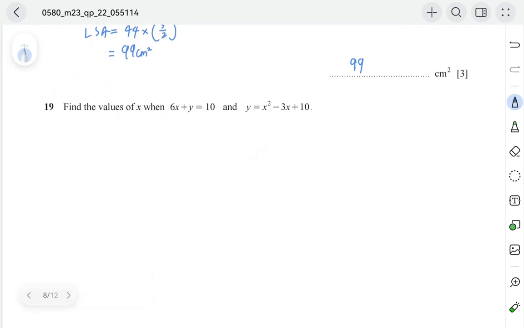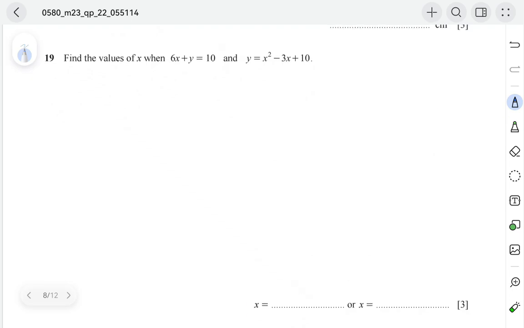Now let's move on to question 19. Question 19 is once again a simultaneous equation, but this time there's a quadratic equation, so this can only be solved using substitution. And we only want to find the values of x. So let's substitute y so we can immediately find x.